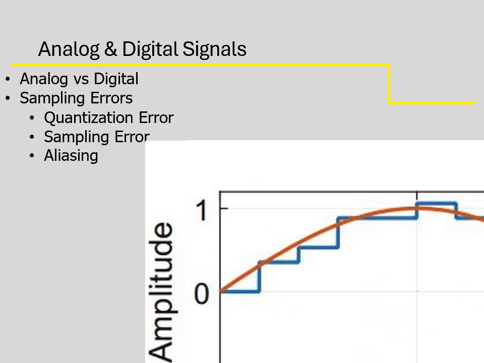The next slide, we're going to zoom in on that. So we're seeing that right here, right here, right here. So this is all quantization error, where we're only able to capture discrete changes in voltage. So we can't always get the true value because the true value might fall in between 2 points where we're able to measure. So that's quantization error.